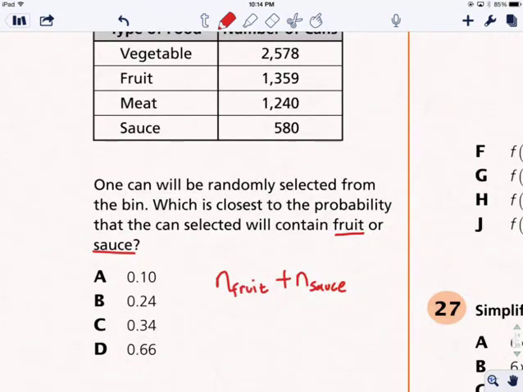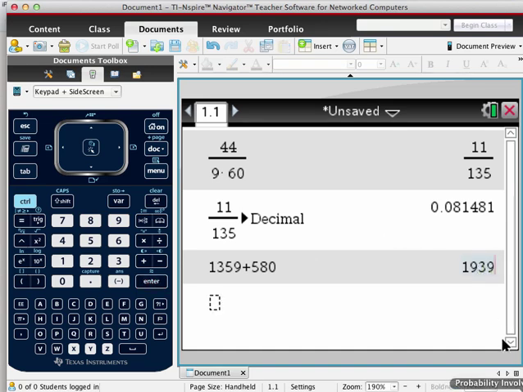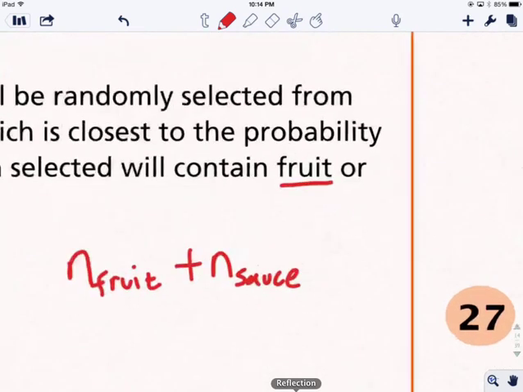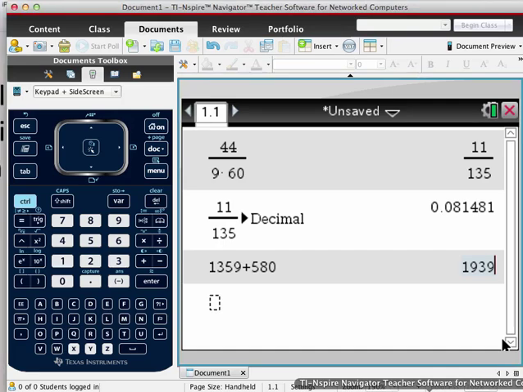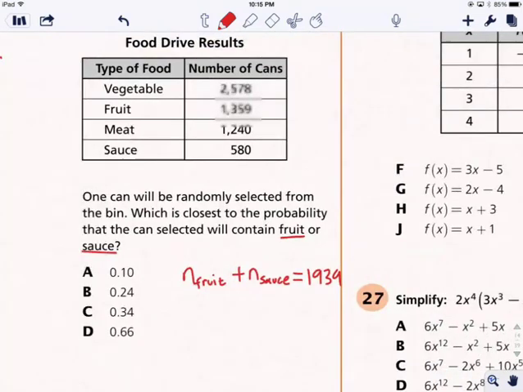Okay, so 1,359 plus 580, so 1,939. That is the total number of fruit and sauce cans. Now, we want to know next how many total number of cans we have.